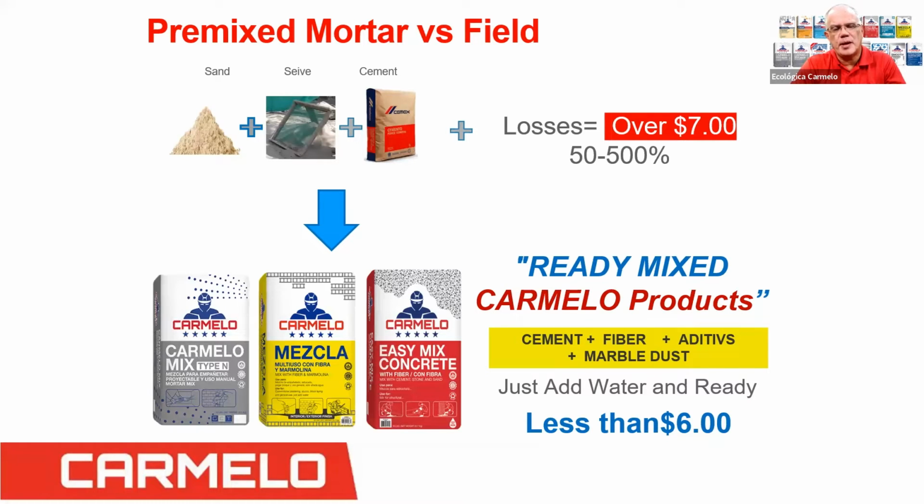That 50-pound bag is going to be over $7. With Carmelo's products that have the same quality all the time, with the cement, the fiber, and the additives already added in that bag, you're just adding water, right? Then your 50-pound bag is going to be like less than $6.